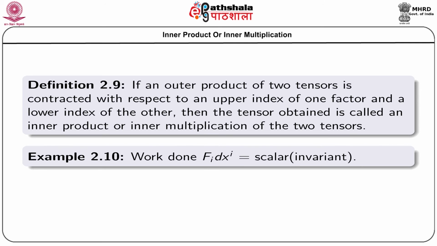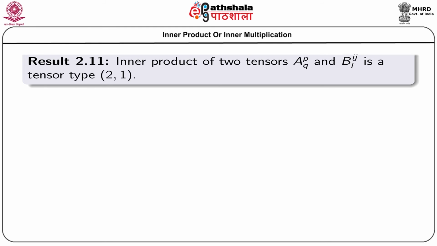The outer product of the force vector and displacement vector gives the torque, but if we do the contraction of those two factors, then we get the work done, which is a scalar quantity.